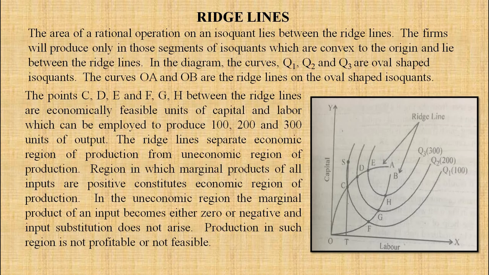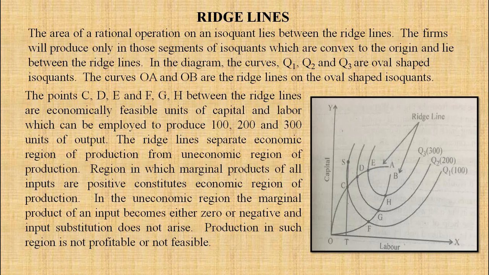Now next point, ridge lines. The area of rational operation of an isoquant lies between the ridge lines. The firms will produce only in those segments of the isoquant which are convex to the origin and lie between the ridge lines.